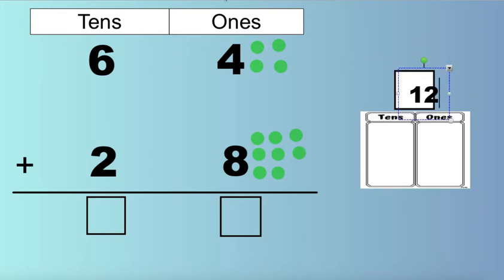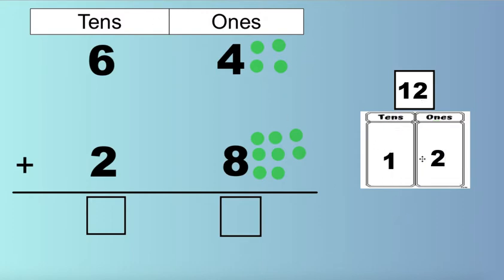I'm going to put it over here, and I'm going to break it up into my place value chart. I'm going to look at the number and figure out which number's in the ones place and which number's in the tens place. So you can help me. You can call it out if you know which number is in the ones place in the number 12. It's the number 2. And the 1 is in the tens place.